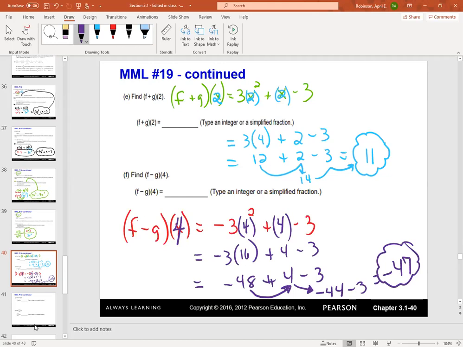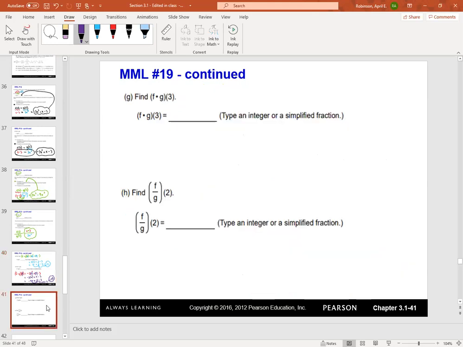It looks like it keeps going. And then they want f times g of 3. Well, when we calculated a few minutes ago, f times g of x, that was 3x cubed minus 9x squared. And so now what they want us to do is f times g of 3. So wherever there's an x, I am going to plug in a 3.